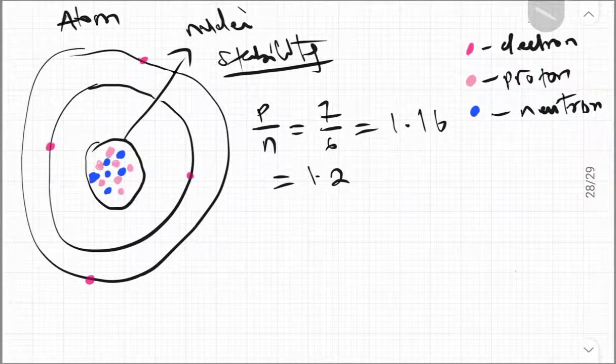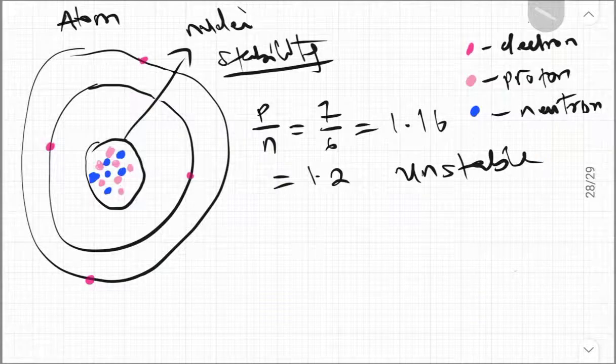So introducing more protons makes this thing become what? Unstable. So such an atom is going to undergo disintegration, that is splitting of this nucleus. So this nucleus is going to split and the atom is going to divide.